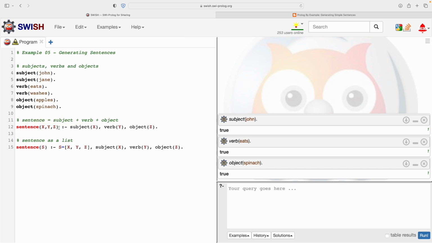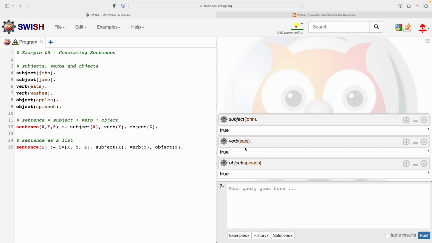So for sentence to be true about X, Y, and Z, X must be a subject, Y must be a verb, and Z must be an object. So hopefully that's intuitive, or not too strange. It should be fairly straightforward. So let's see that in action. That's probably the best way to bring it to life.